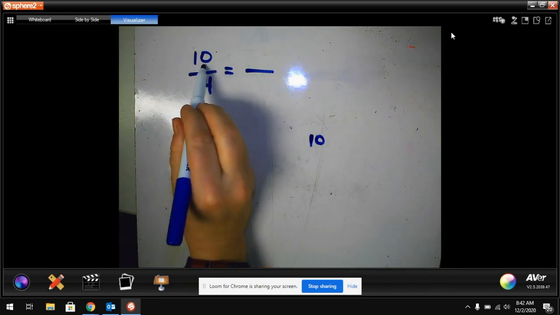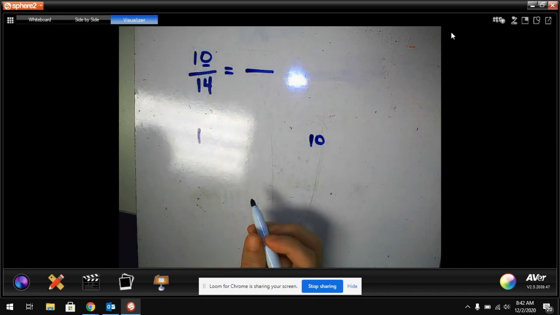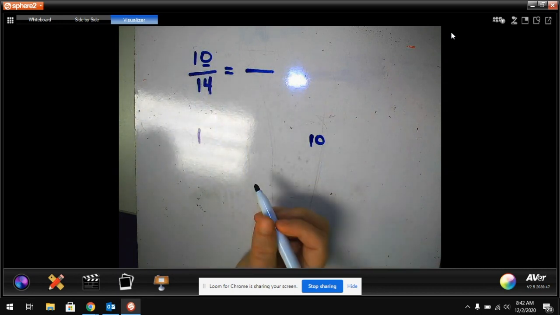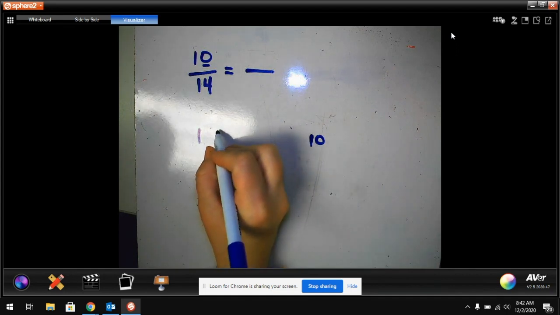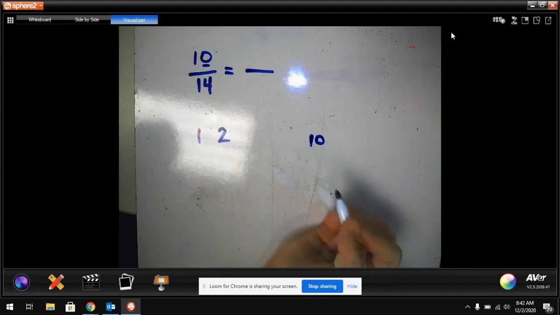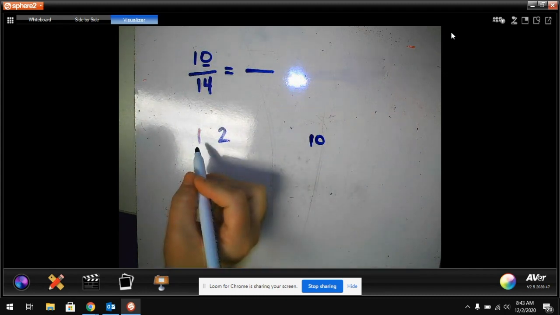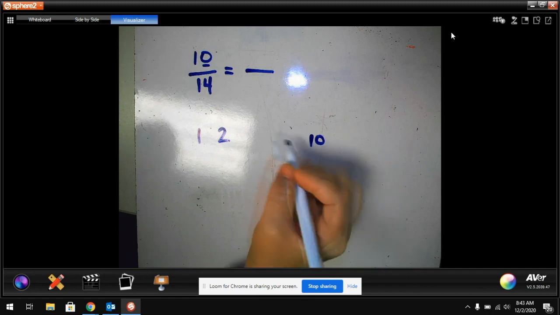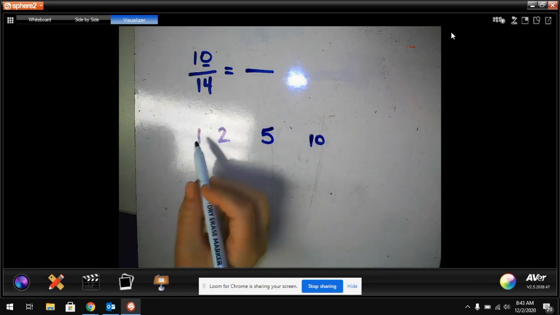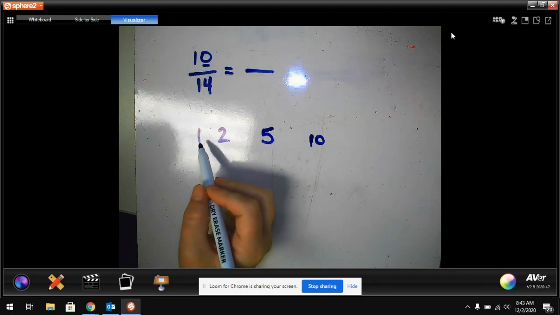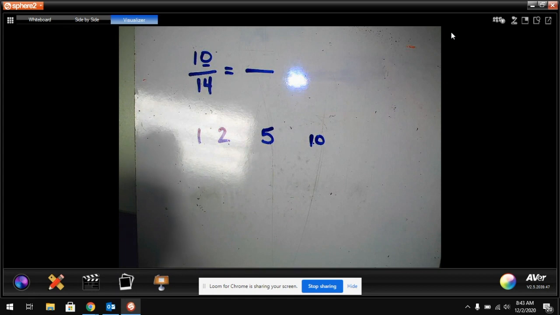I can look at it and it ends in a 0, which tells me 10 is a factor, but we already knew that. But it also tells me that it's an even number. And we know that even numbers always have a factor of 2. So 2 times something equals 10, and it's 5. So all the factors for 10 are 1, 2, 5, and 10. 1 times 10 and 2 times 5.